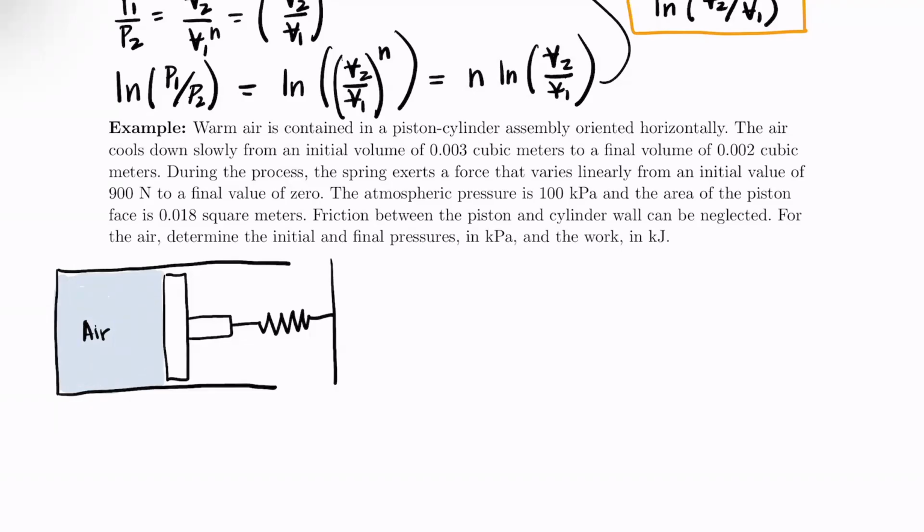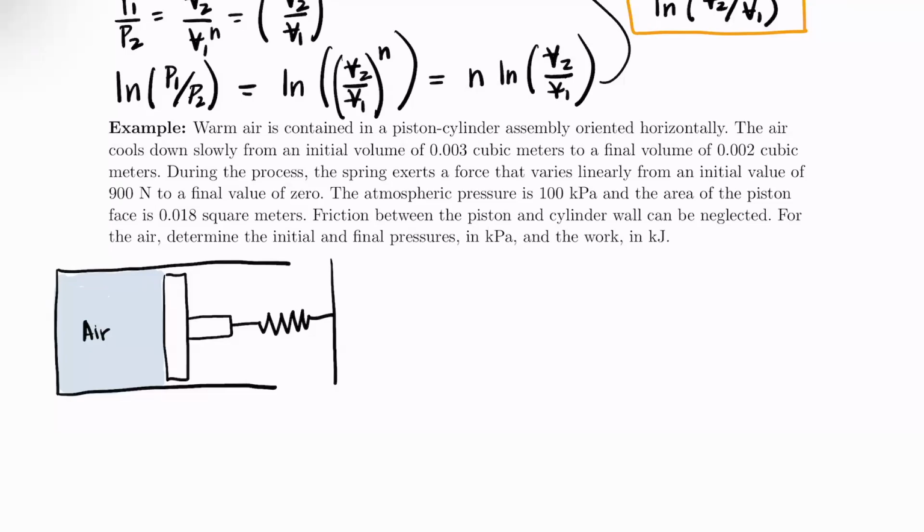The air inside our cylinder is going to cool down slowly from an initial volume of 0.003 cubic meters to a final volume of 0.002 cubic meters. And during this process, the spring exerts a force that varies linearly from an initial value of 900 newtons to a final value of 0.